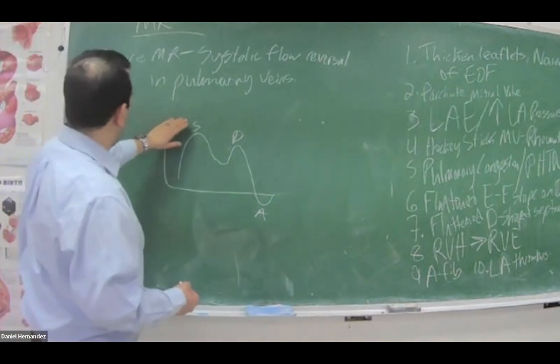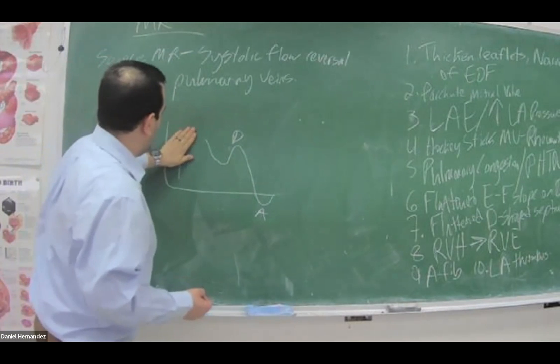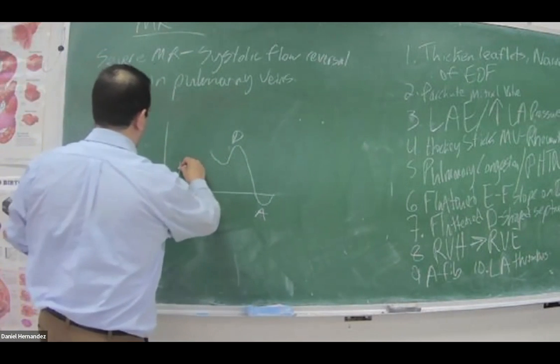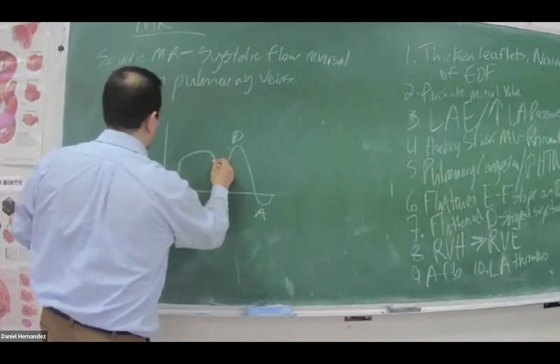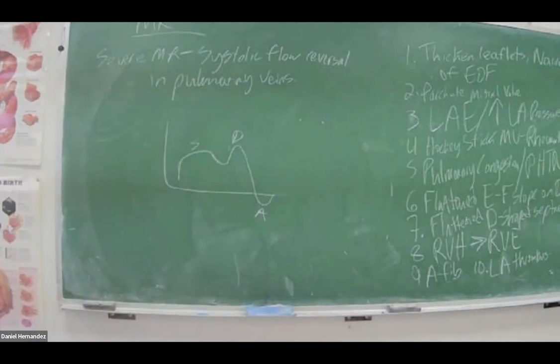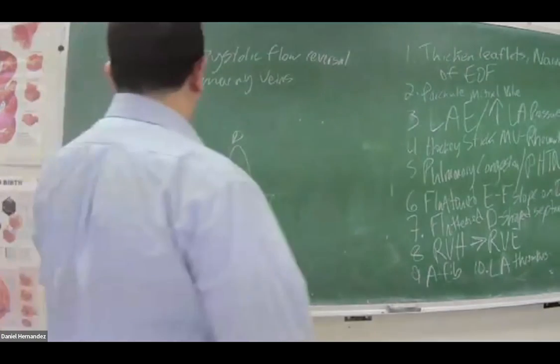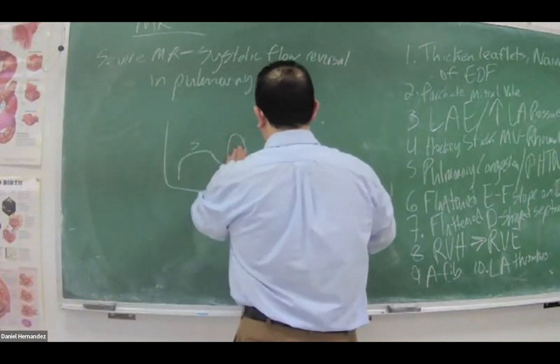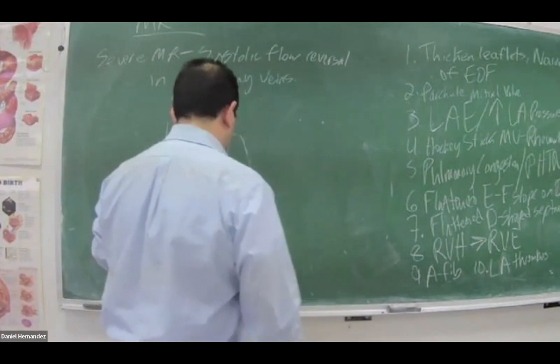In patients that have mitral regurge, if it's mild to moderate, we're going to get a reduction of that pulmonary venous flow during systole. So our S wave becomes smaller and our D wave becomes larger. So we've got kind of a reversal.